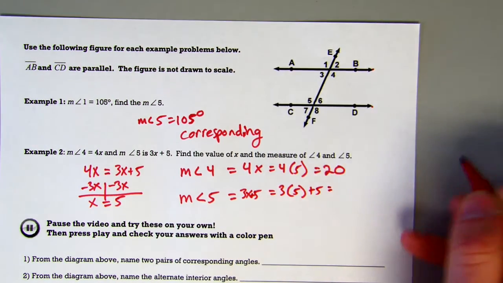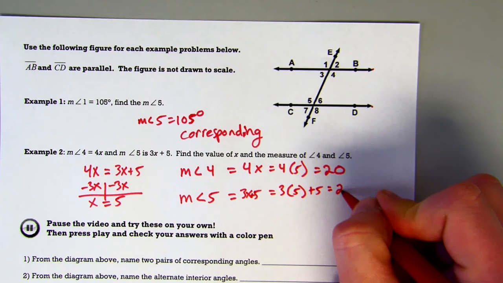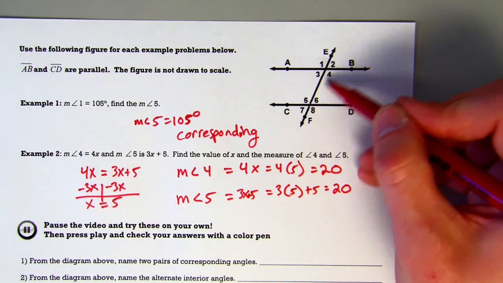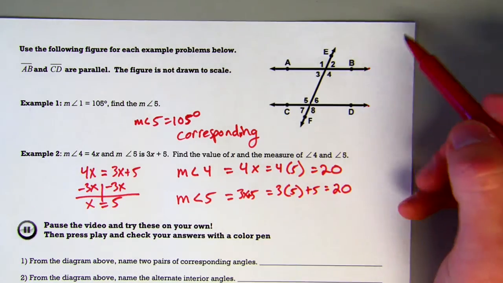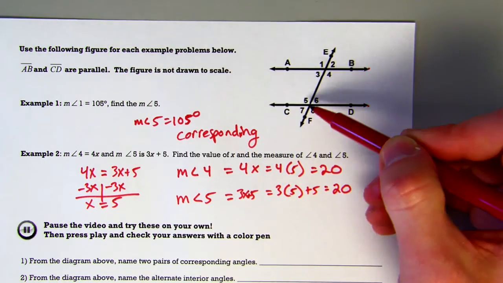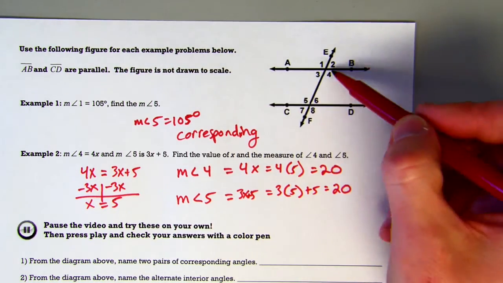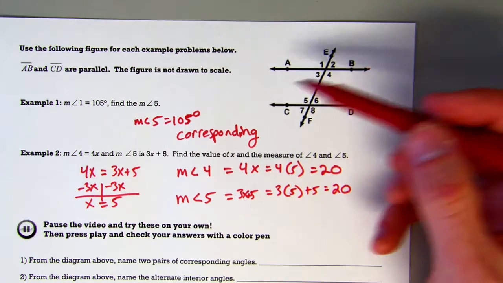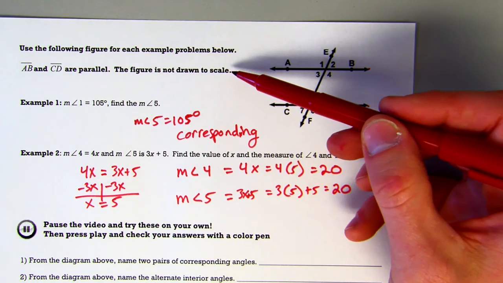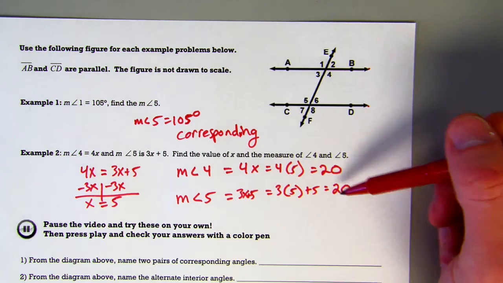And 3 times 5 is 15, plus another 5 is 20. So obviously 4 and 5 are obtuse angles in this picture. So yes, I understand that they wouldn't be 20, but if we use these equations, then yes, they would be 20. That's why we have this statement here, the figures are not drawn to scale. But we would make sure they're equal.